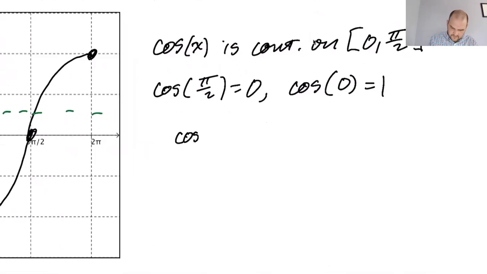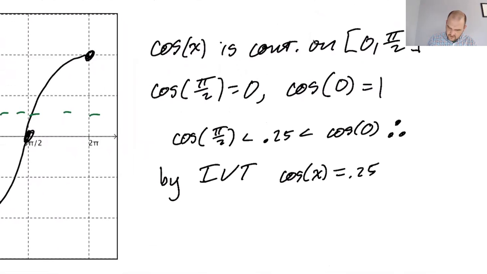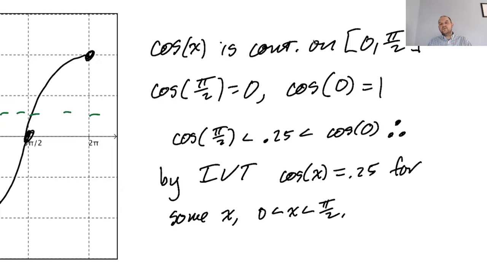So cosine of pi over 2 is less than 0.25, which is less than the cosine of 0. Therefore, by IVT, cosine of x equals 0.25 for some x, with 0 less than x less than pi over 2. So that's the intermediate value theorem.